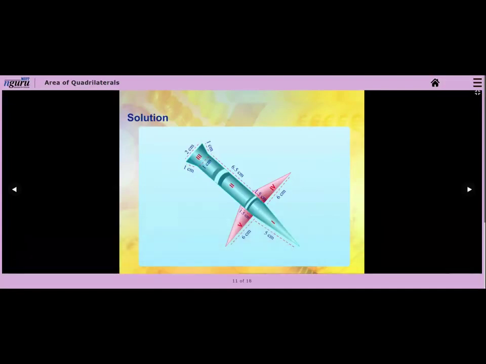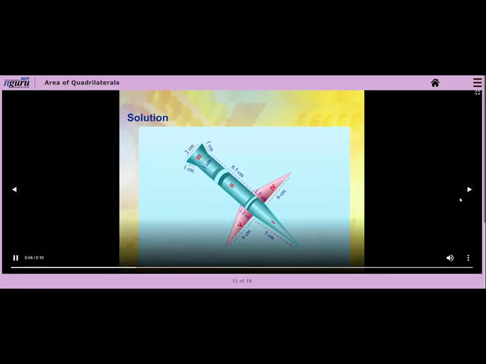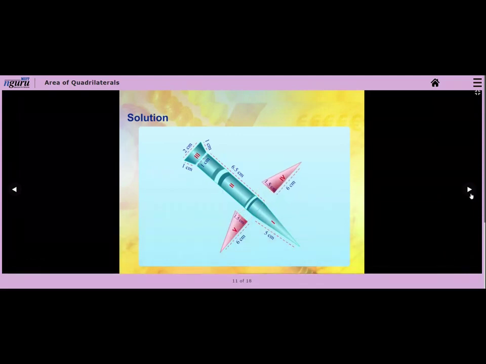To find out the total area of the paper used, we need to first identify the different regions of the airplane. These regions are numbered 1, 2, 3, 4, and 5. Let us calculate the area of these regions separately. Since all the sides of the triangular region are known, Heron's formula can be used to find out the area of region 1.